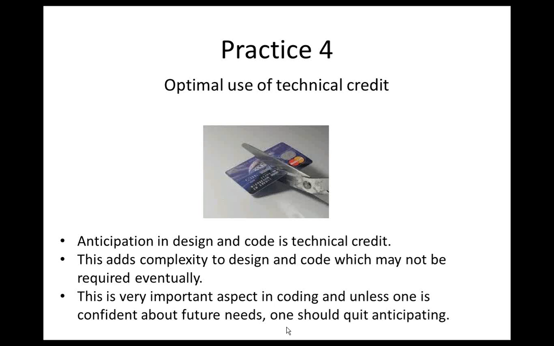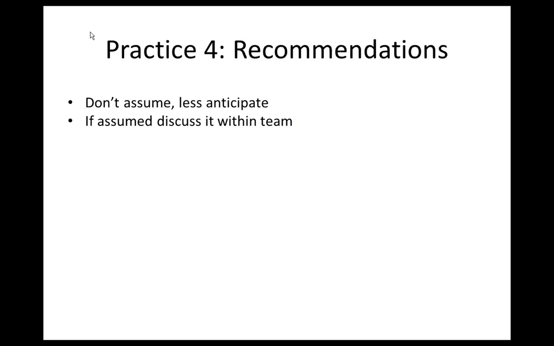If you have a valid ground, yes, you can go for this technical credit. So make optimal use of that technical credit. The recommendation is, don't assume, just anticipate. If you assumed something, discuss it within the team, and then based upon the common consensus, do it.